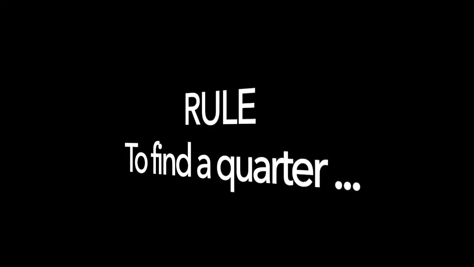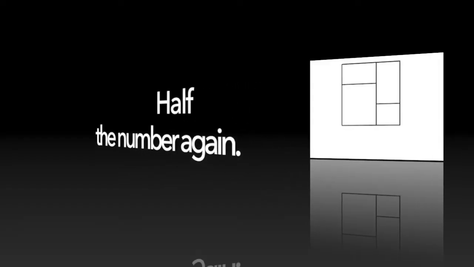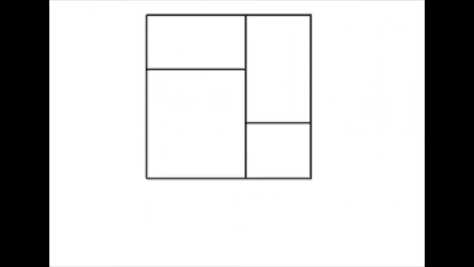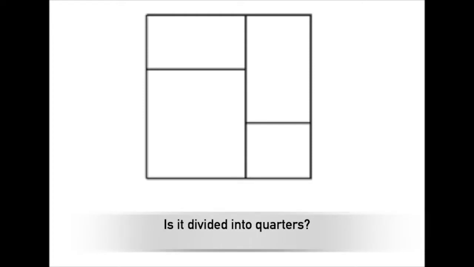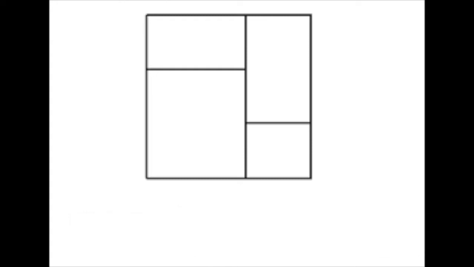Let's revise the rule again. To find a quarter of something, first we half the number, and then we half the number again. Let's look at this shape. Is it divided into quarters? How many parts has it been cut into? Well done, 4 parts.